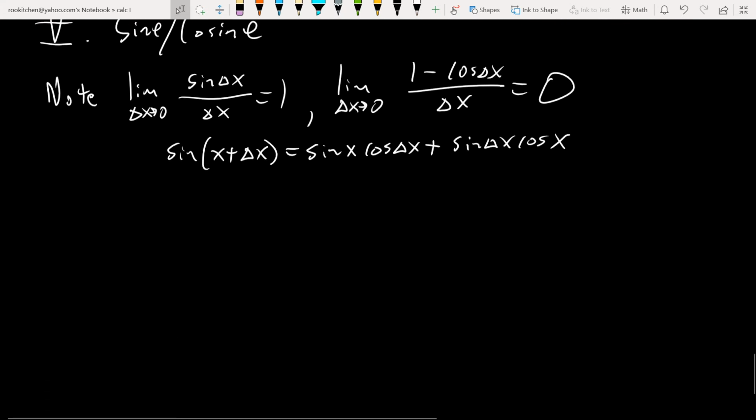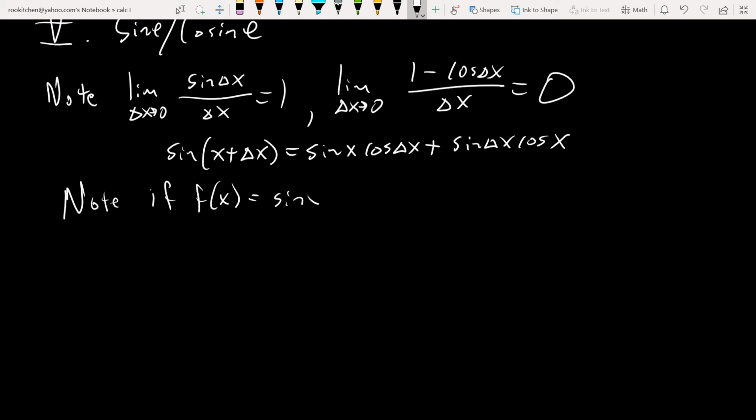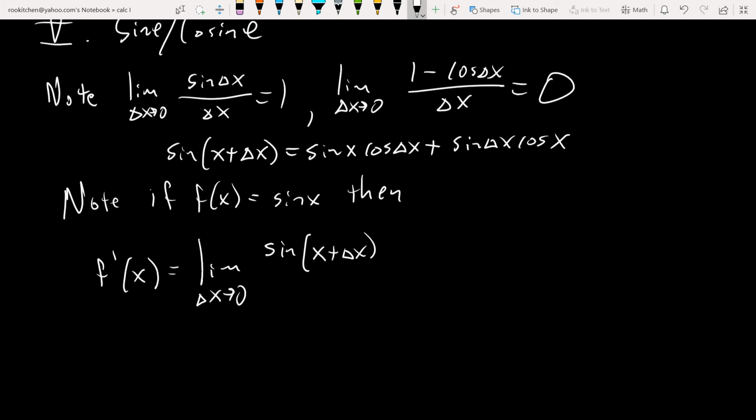Okay, so note, if f of x equals sine of x, then the derivative of sine will be the limit as change in x goes to 0 of f of x plus change in x, which is sine of x plus change in x, minus sine of x all over change in x.